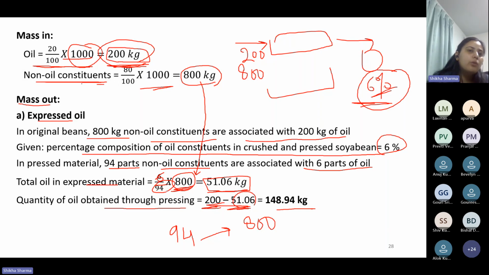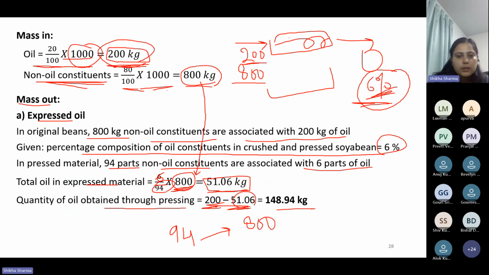The non-oil constituents are 80 divided by 100 into 1000, so it is 800 kg. So 200 kg is the oil, 800 kg is the non-oil part, which we are feeding. Now it is going into mechanical pressing, where in the output meal it is 6% oil.